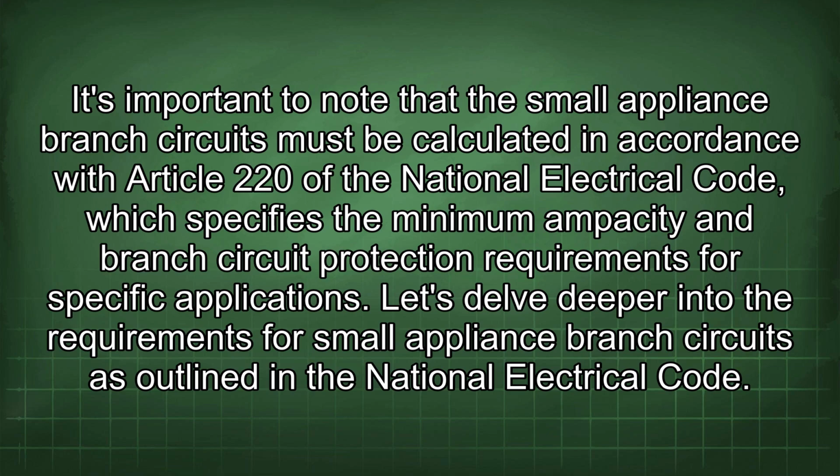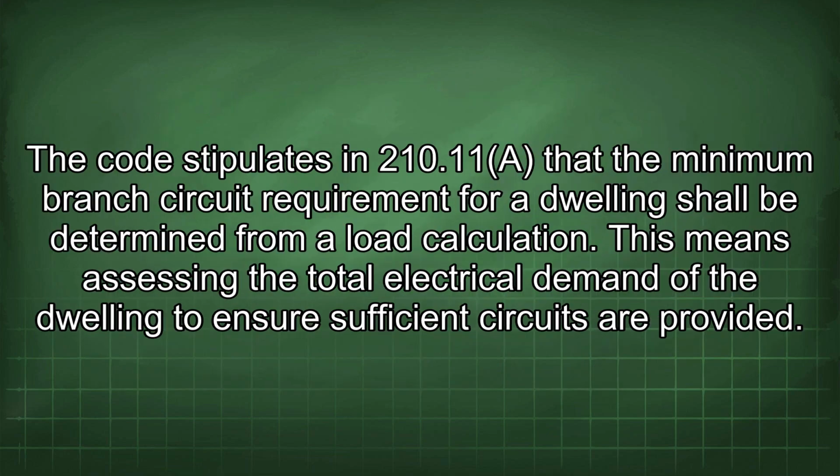Let's delve deeper into the requirements for small appliance branch circuits as outlined in the National Electrical Code. The code stipulates in 210.11 that the minimum branch circuit requirement for a dwelling shall be determined from a load calculation. This means assessing the total electrical demand of the dwelling to ensure sufficient circuits are provided.